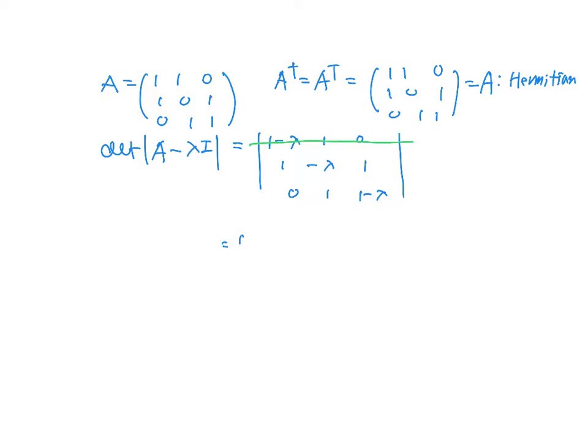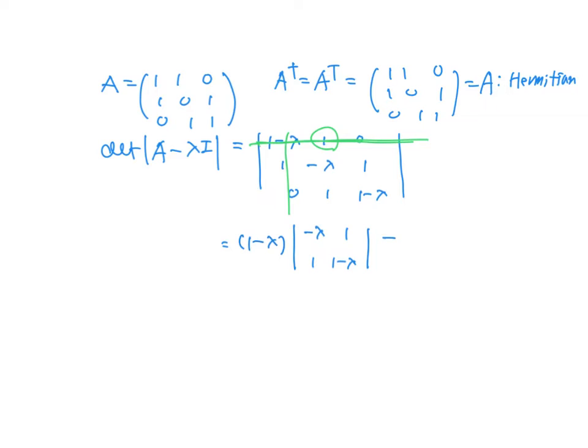That is 1 minus lambda, then you delete the first row and first column, you have (minus lambda, 1; 1, 1 minus lambda). The second element is 1, but that's position 1, 2, so you have a minus sign.